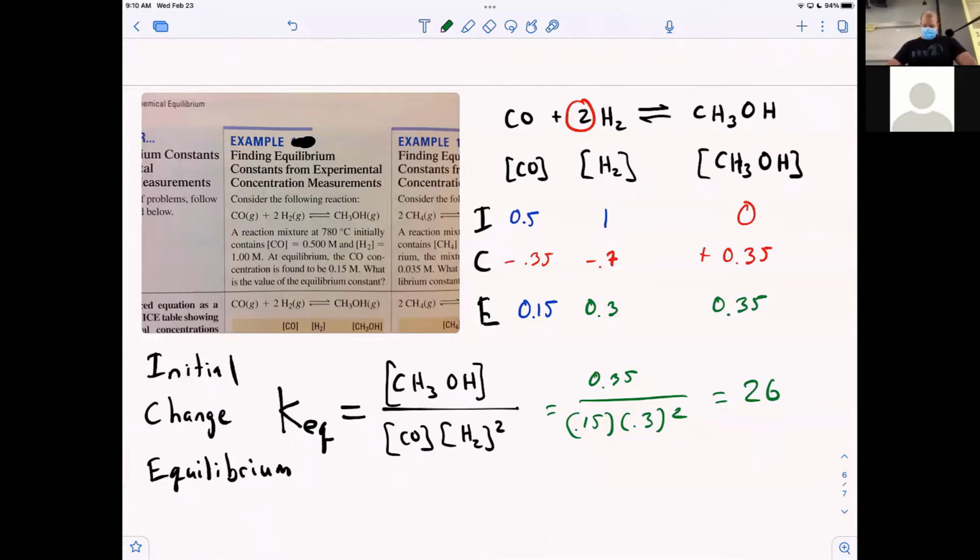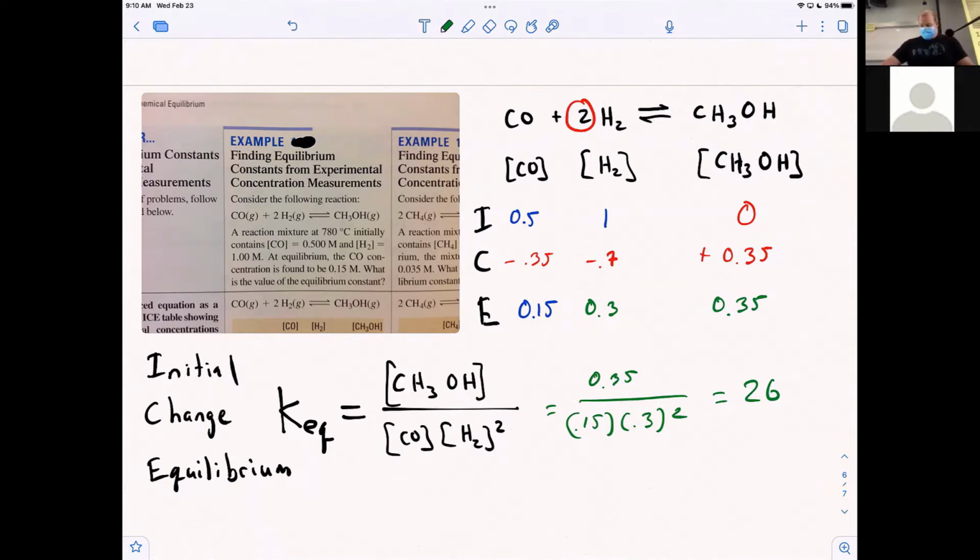Sometimes this 0.35 is referred to as the extent of reaction. So with the reaction going forward, the extent of reaction is 0.35. Hydrogen is going to lose 0.7 molar because there are 2 hydrogens in the balanced chemical equation, which means hydrogen is consumed at 2 times the extent of reaction. So we lose 2 extents of reaction of hydrogen, and we gain 1 extent of reaction of methanol.